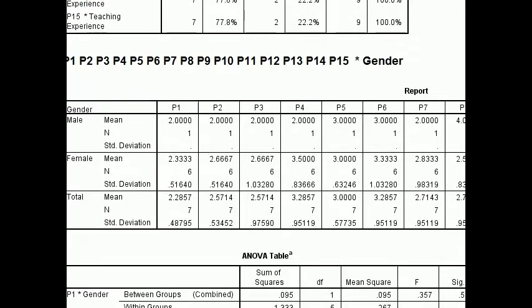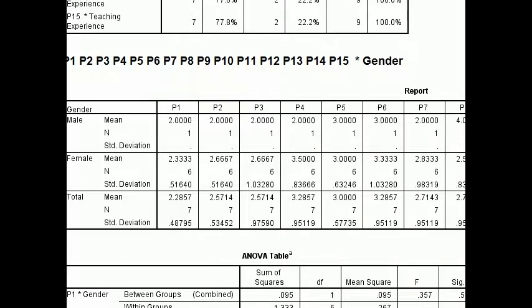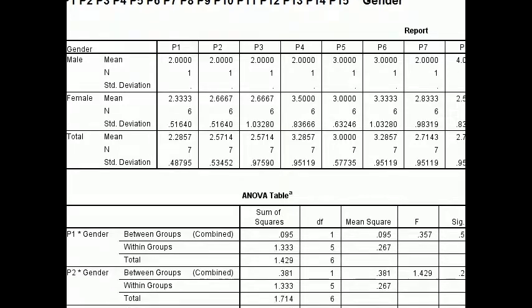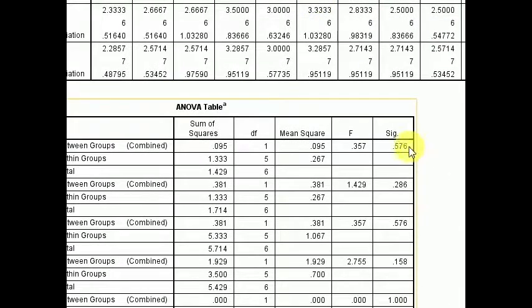So the thing that we will do here is to compare, for example, male versus female. Your problem is you have a lot of female. You have a clear majority, 6 female, 1 male. So with that, you can look at the analysis here. This is the p-value, the significance.